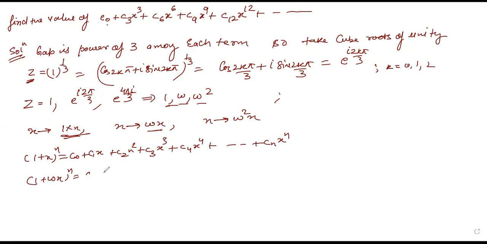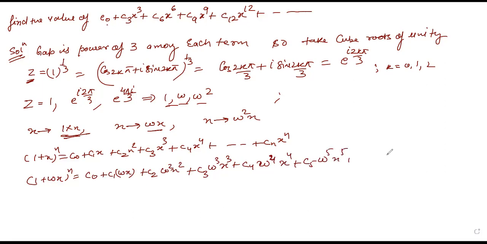So that will come c naught, c1 omega x, c2 omega square x square, c3 omega cube x cube, c4 omega raised to the power 4 x raised to the power 4, c5 omega raised to the power 5 x raised to the power 5, plus up to cn omega raised to the power n x raised to the power n.